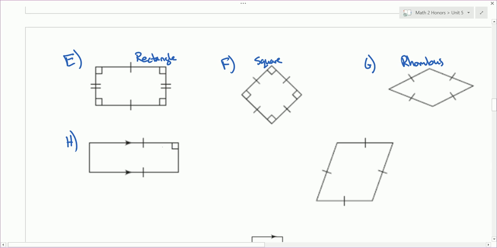Okay, well, if you have parallel lines, and so here's my parallel lines, and here's your transversal, same side interior angles add up to 180 degrees, so that means this is 90 degrees. Let's see what else we can get from this.